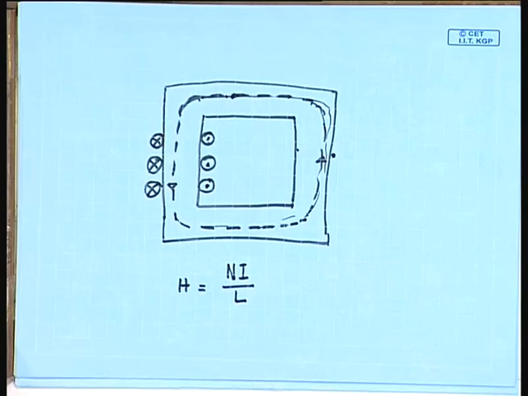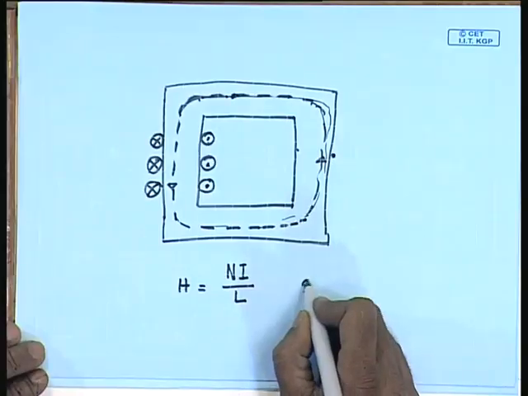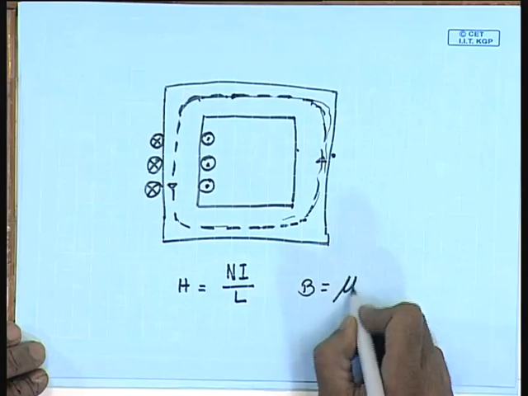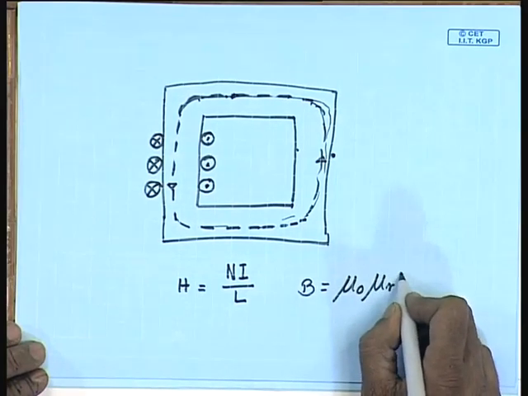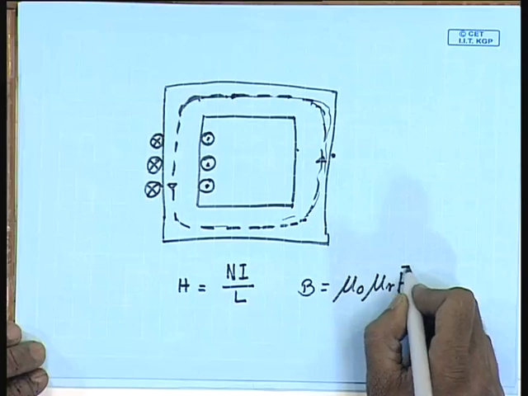So, in a magnetic circuit, finding the value of H and hence the value of B, which is nothing but mu naught mu r H, is relatively simple.